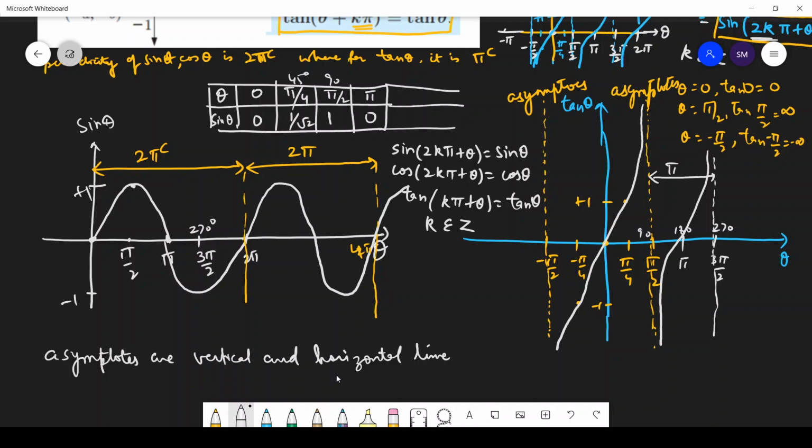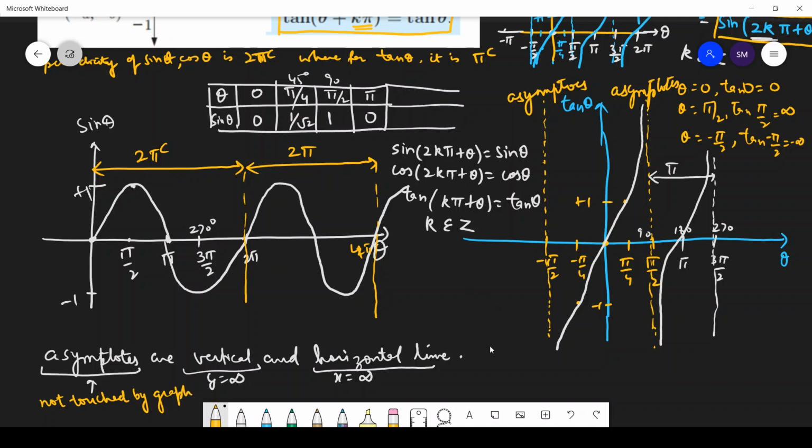When x is infinity, you get a horizontal asymptote. When y is infinity, you get a vertical asymptote. So asymptotes are vertical and horizontal lines, and these asymptotes are not touched by the graph.